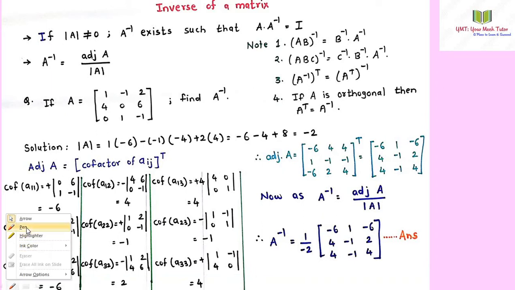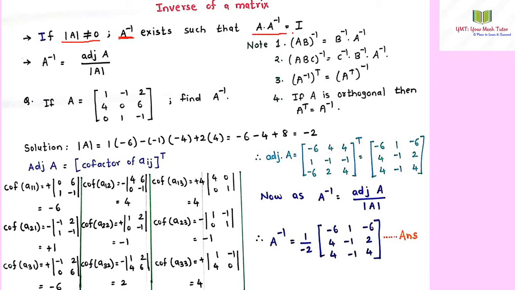So basically, first, what do you understand by inverse? If the determinant of A is not equal to 0, that means matrix A is a non-singular matrix, then A inverse exists. The inverse of a matrix is denoted by A to the power minus 1, such that A into A inverse is equal to I, where I is the identity matrix.